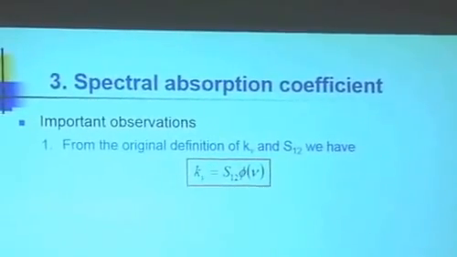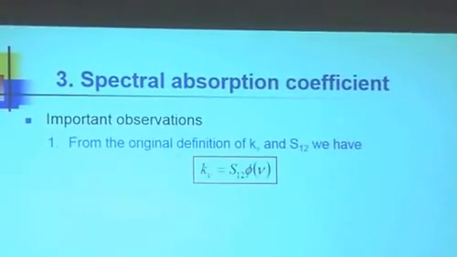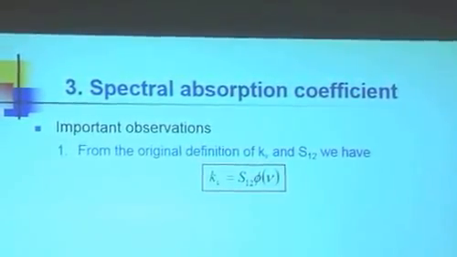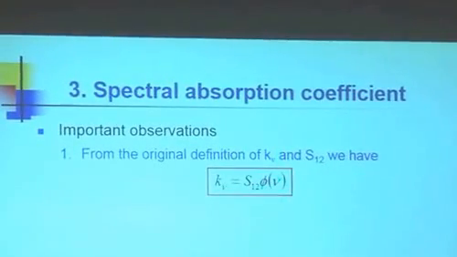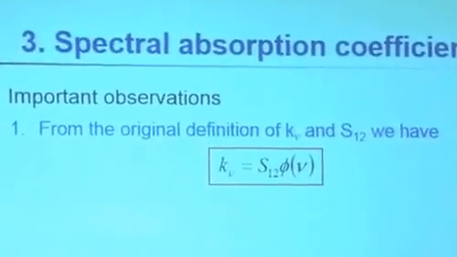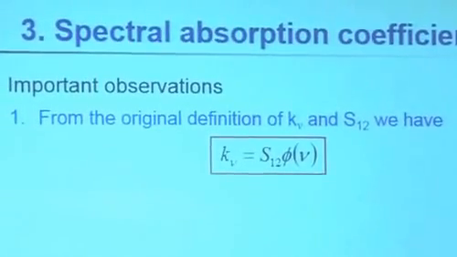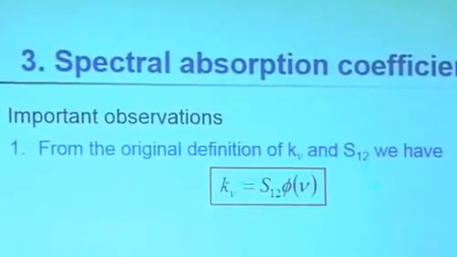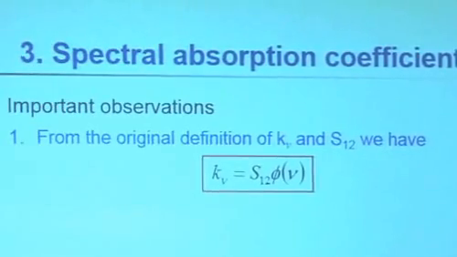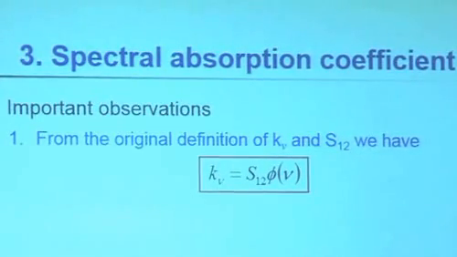What's important? K is what we care about. Why? Because K nu L is the optical depth. What's K? K is S phi. S doesn't care about phi, but the line shape is important. That's why it's line positions, line strengths, line shapes. We've got the strength, we've got the shape. You need the two together to say what the absorption coefficient is going to be at frequency nu in our system.